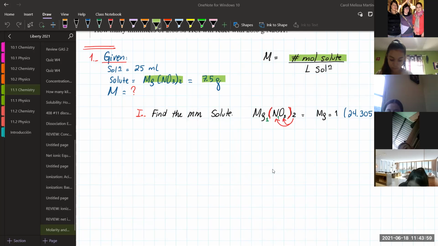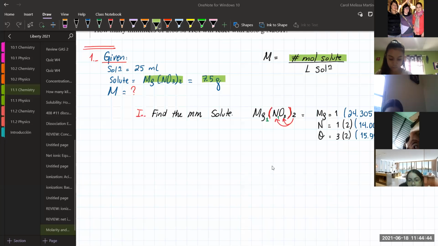For my element nitrogen, I have 1 inside the parentheses that is multiplying the 2 outside the parentheses, and all this multiplies my molar mass of the nitrogen, that is 14.006 grams. And then for oxygen, I have 3 oxygen atoms inside the parentheses, and outside the parentheses I have the 2, and the molar mass for oxygen is 15.999 grams.